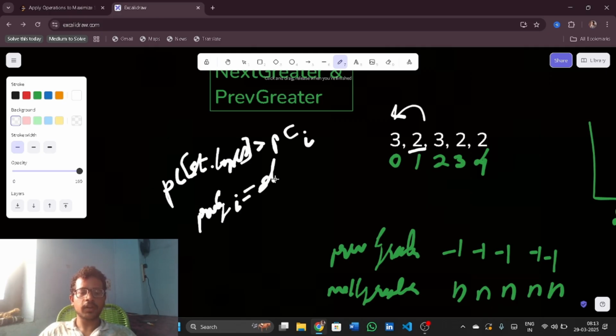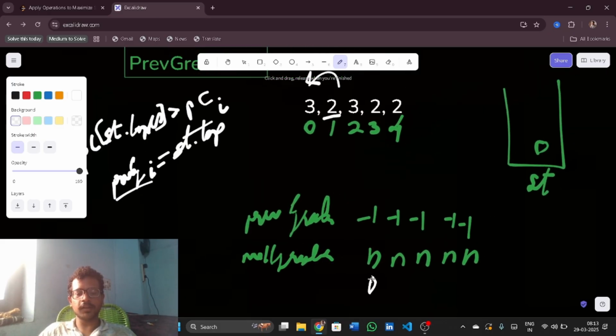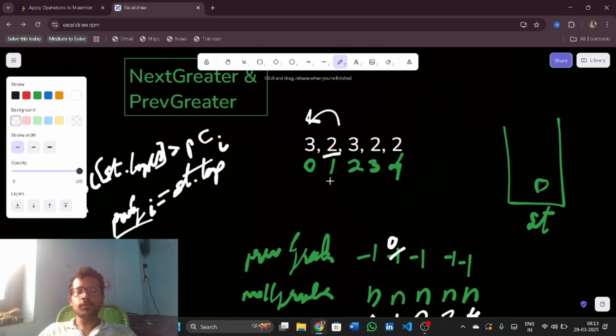It would store the indices. As previous greater of I is changed to st.top, if I take the indices 0, 1, 2, 3, and 4, now previous greater of 1 is changed to 0. Now I would push this.